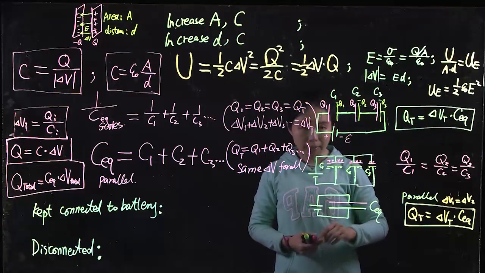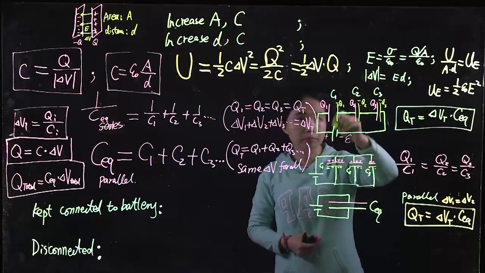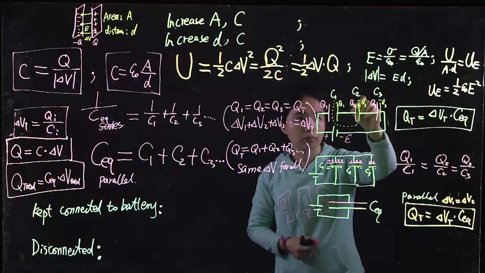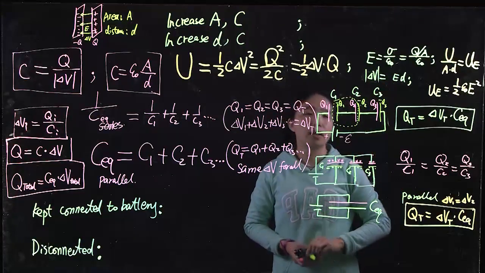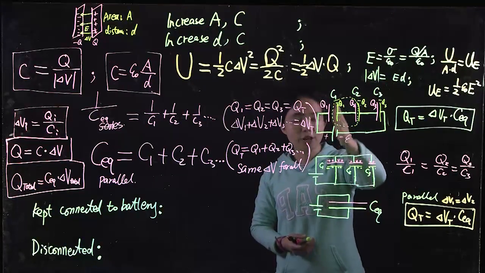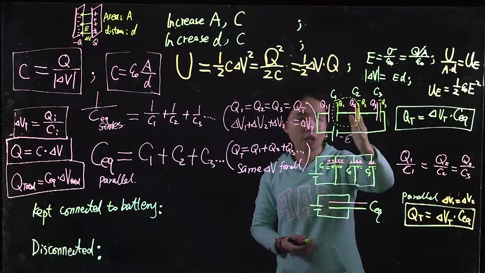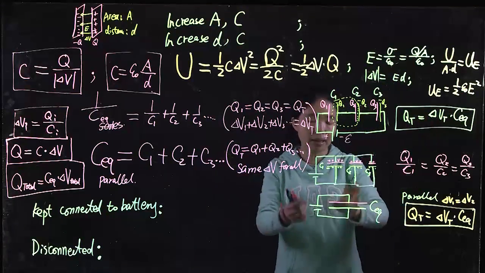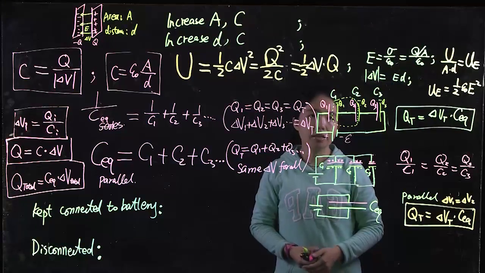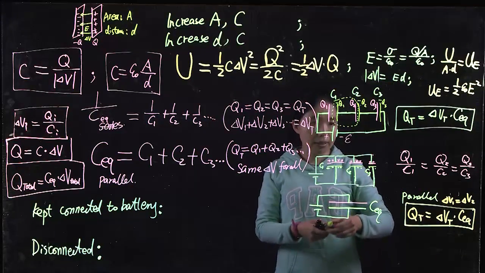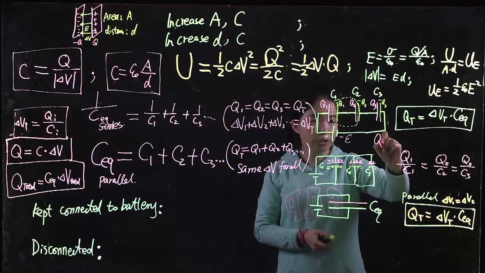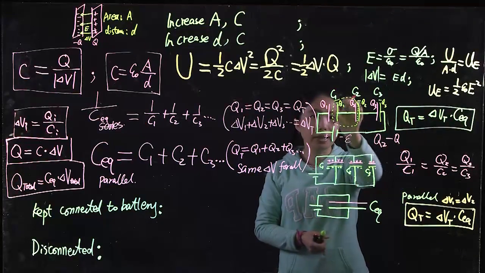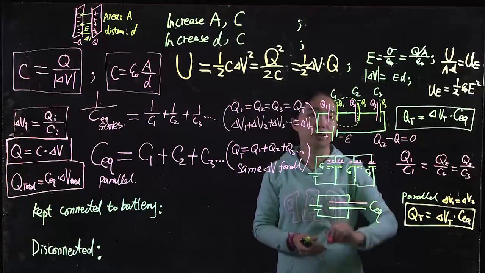Notice this part, which has negatively charged plates and positively charged plates. This part is not connected to anything else physically. So you know that Q2 and the negative Q1 together must be 0.